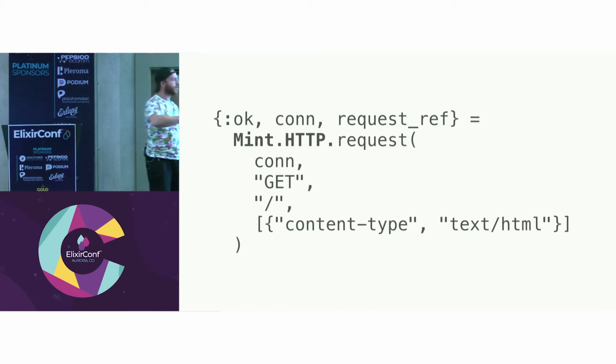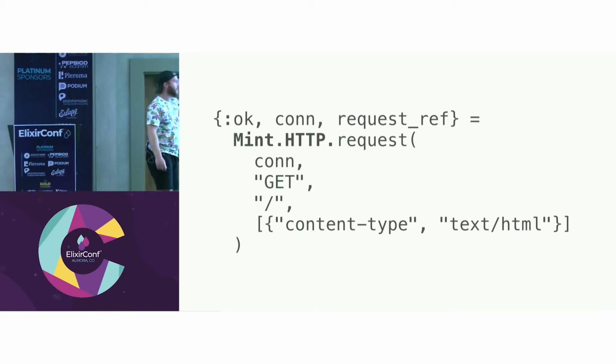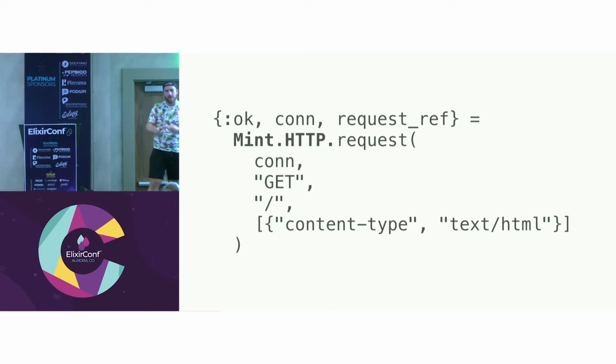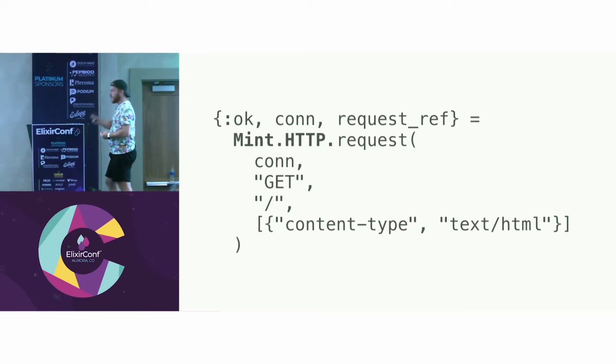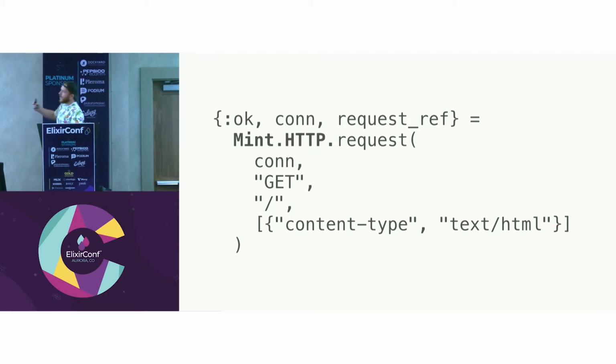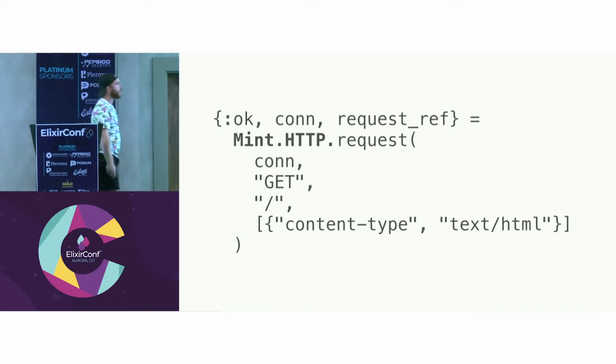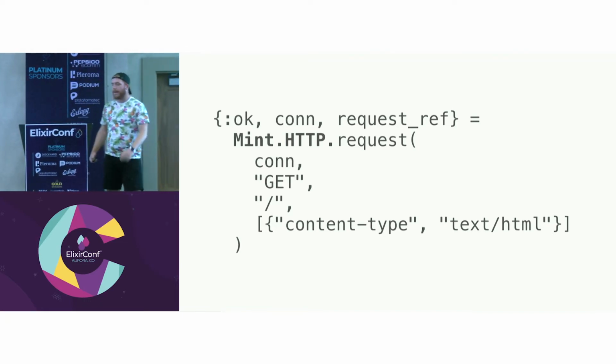You can't throw the new map away, otherwise, since it's immutable, the key doesn't really go in there. It's the same thing with the connection. When you do a request, the state of the connection will be updated, especially in HTTP2. So you have to save the new connection and keep using it. Every time you do a Mint operation, it returns a new connection that you have to keep using because it's immutable.